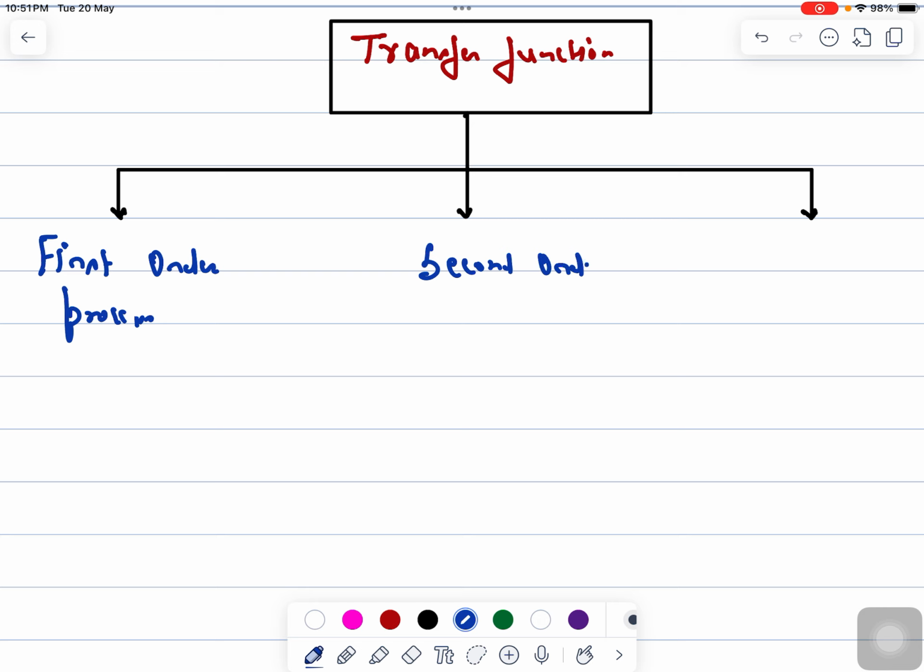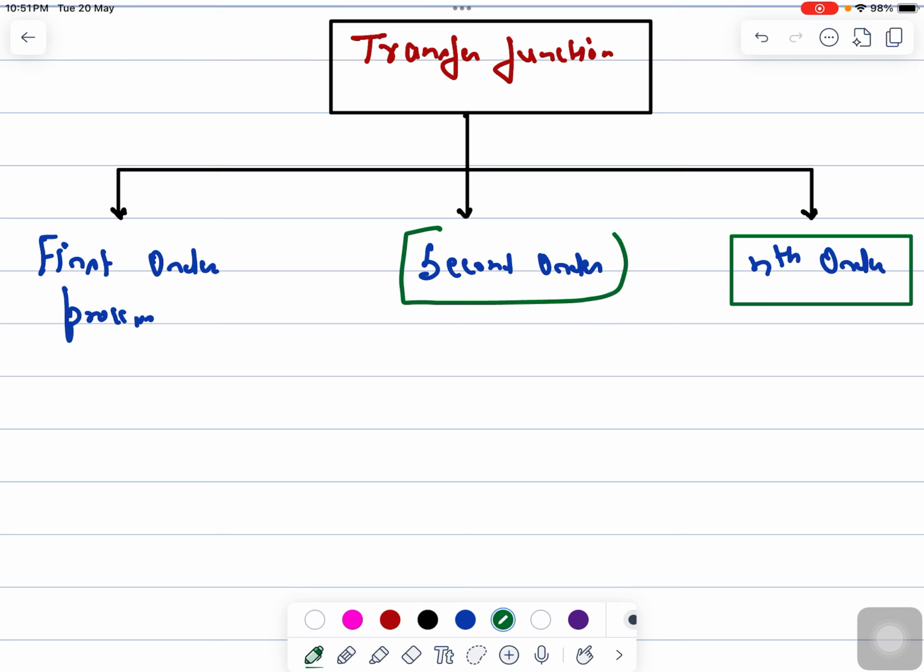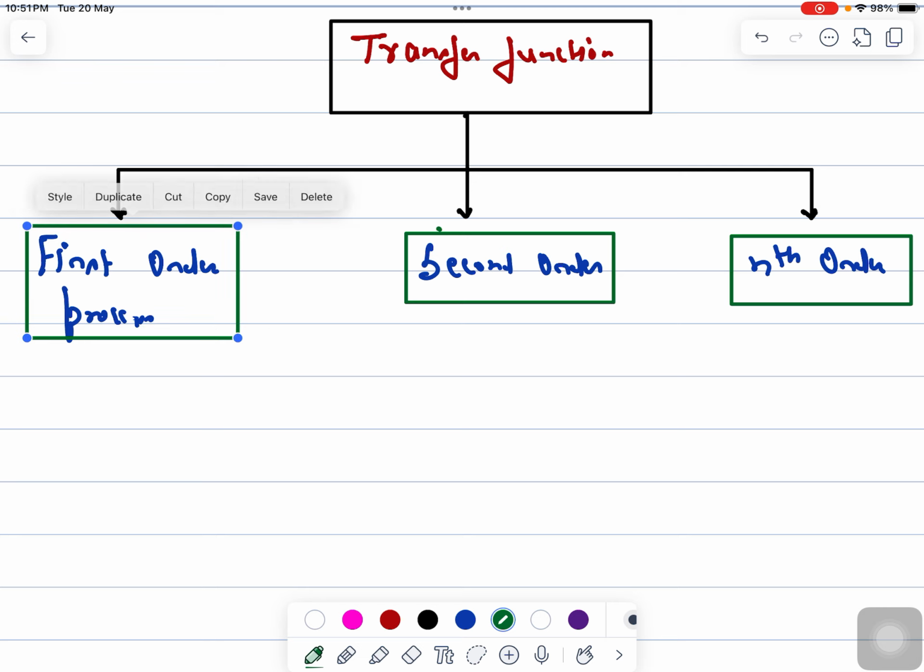So these many types of processes can be there, where we will be studying the transfer function of all of these processes and how we can derive the transfer function for all of them in this topic one by one. Okay, so first I'll start with the transfer function for the first order process.